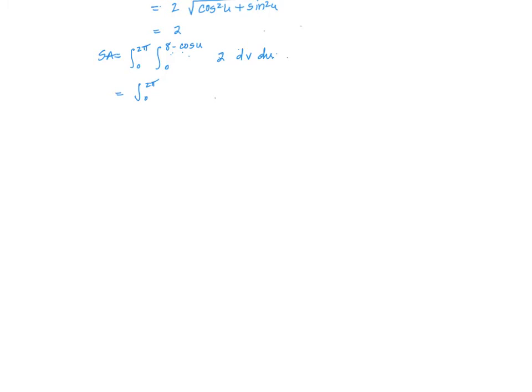Okay. So this is going to be 2v. I'm going to evaluate it from 0 to 8 minus cosine of u. We're going to go from 0 to 2 pi of 16 minus 4 cosine u du.